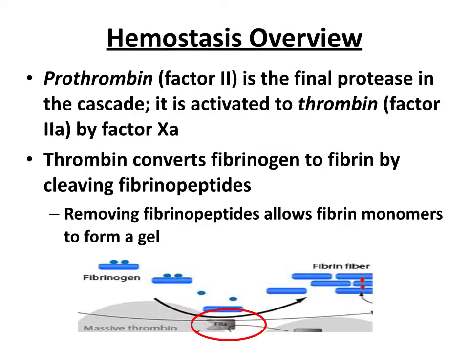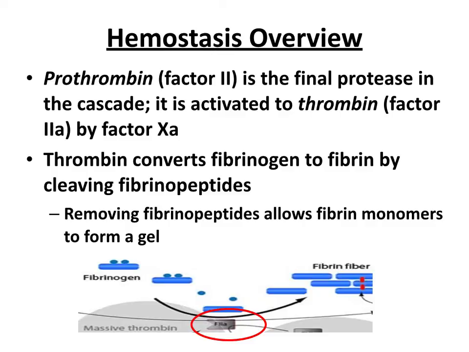Okay, so prothrombin is factor 2, right? It's the final protease in the cascade for hemostasis. It's activated to thrombin by factor 10A. So when we get to the prothrombin being activated to thrombin, we've already had a series of steps that I'm not going to spend a lot of time on, or already occurred in terms of healing.